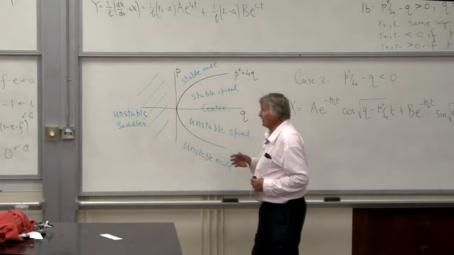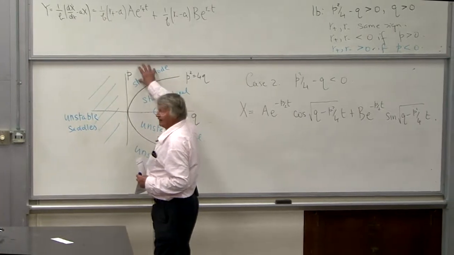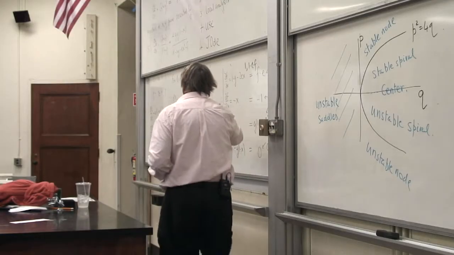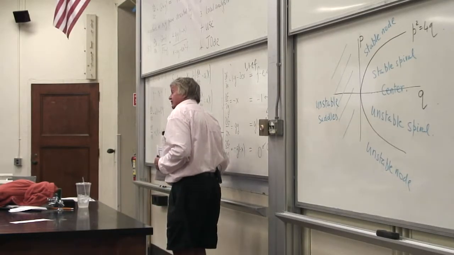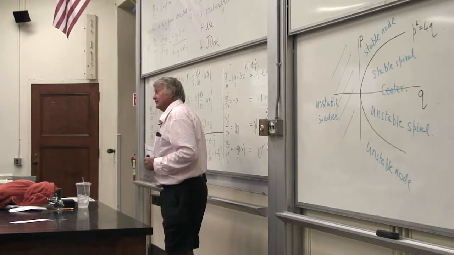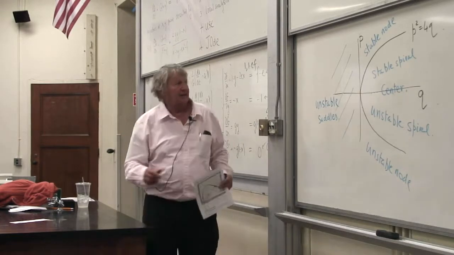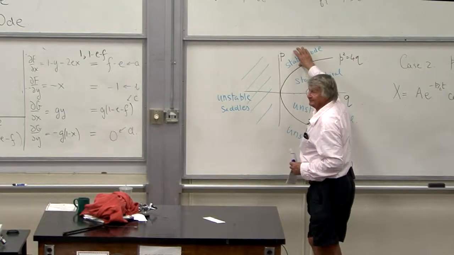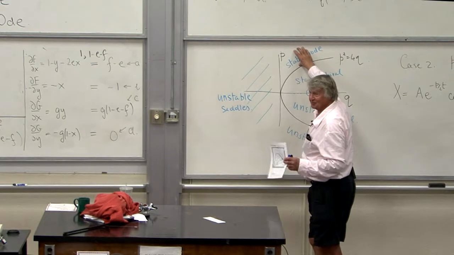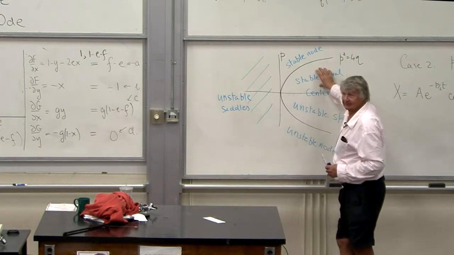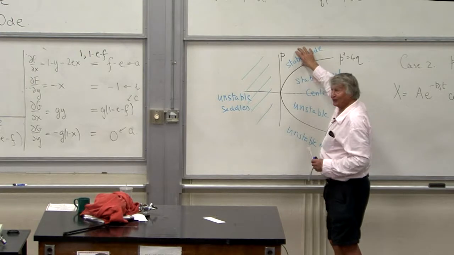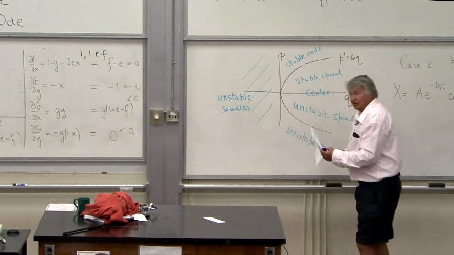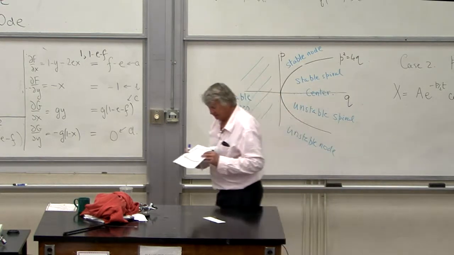Well, we don't know whether we're actually here or here, but we can check if p squared is greater than 4q or less than 4q. If p squared was greater than 4q, which isn't going to happen in this example, you'd be up here. But for these numbers, that's not the case. You're going to be here. So you have a stable spiral.